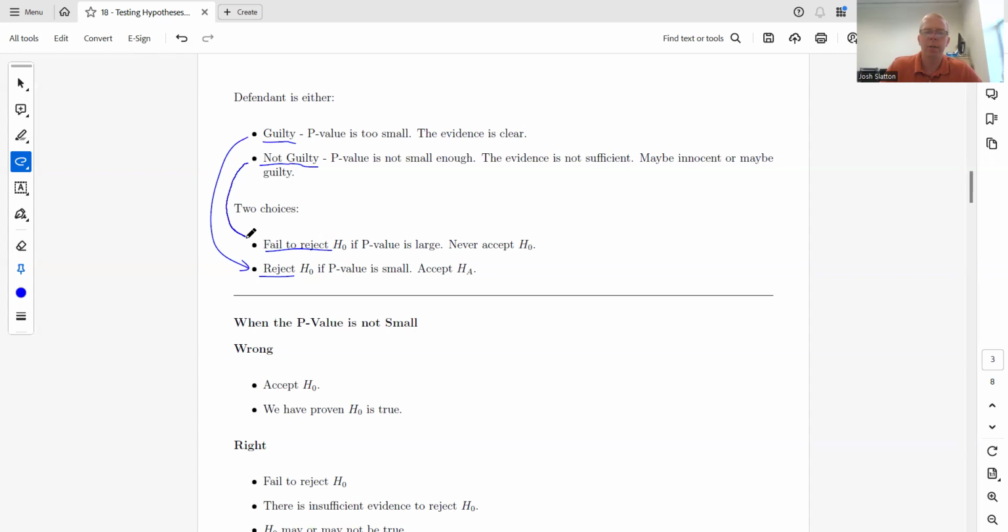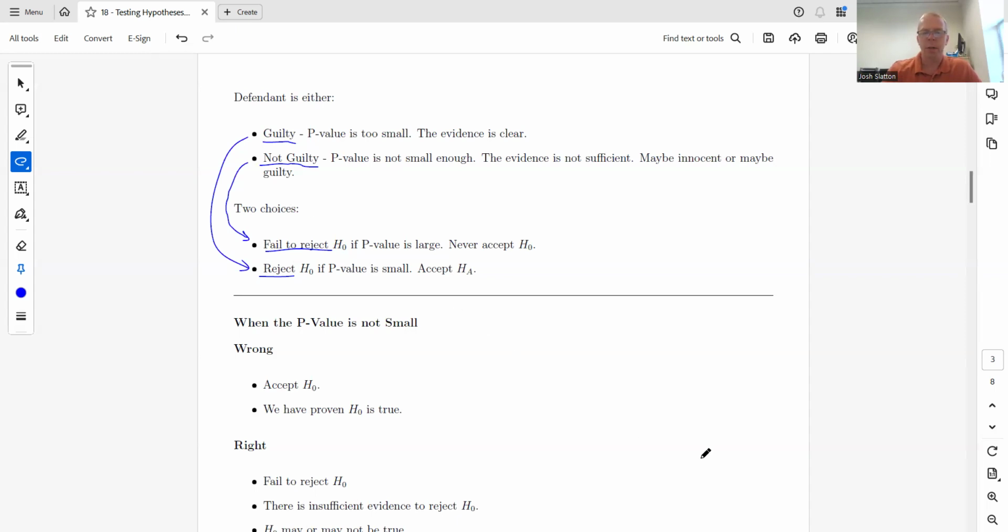If they're not guilty, or the p-value is not small, then you do not reject. This is easy to remember because the positive statements go together: guilty, reject. The negative statements go together: not guilty, not small enough, do not reject. All of those not phrases go together.